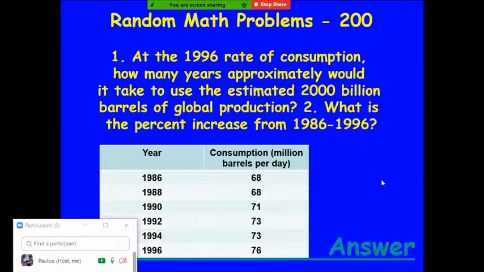Number 20. There's not actually enough information to solve number 20. I would have had to give you the original amount and then the new amount. So if you didn't figure out number 20, don't worry about it. I will show you how to solve this problem in this video, so you'll certainly know what to do when you get to it on the test.